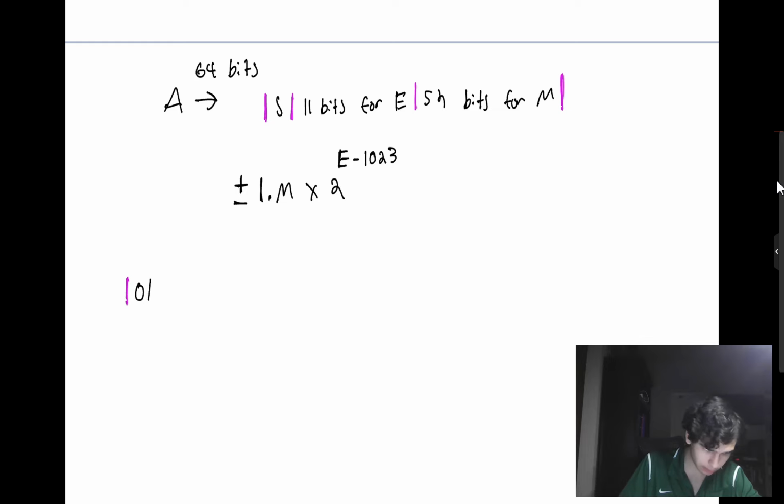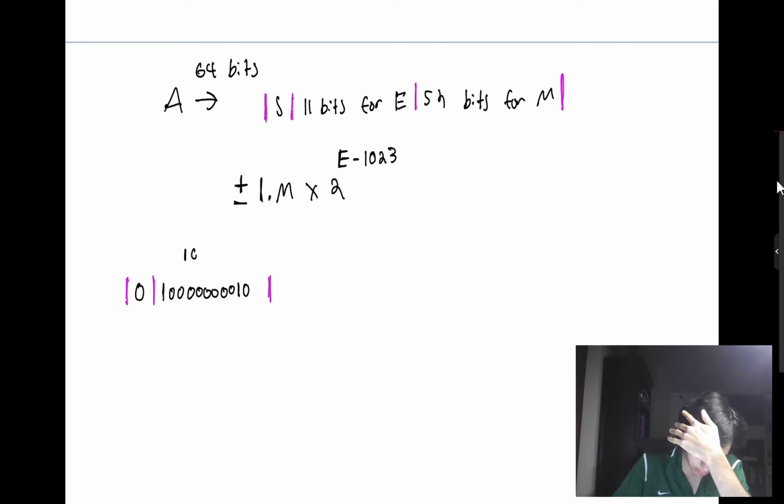Suppose we have this bit pattern. So these 11 bits here are the mathematical equivalent of 1026.